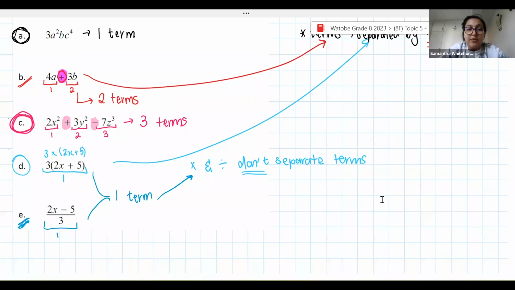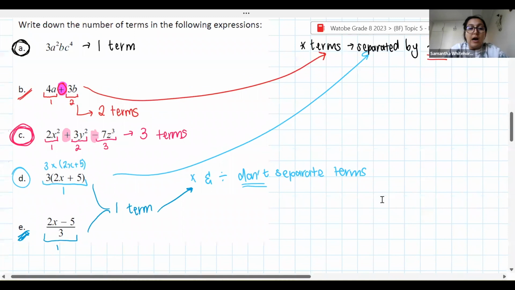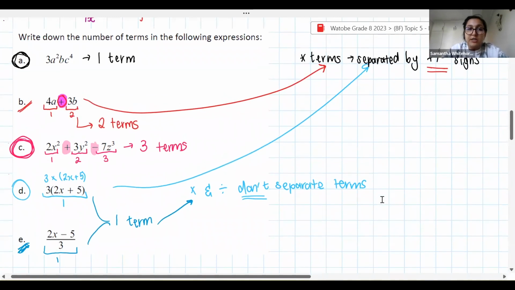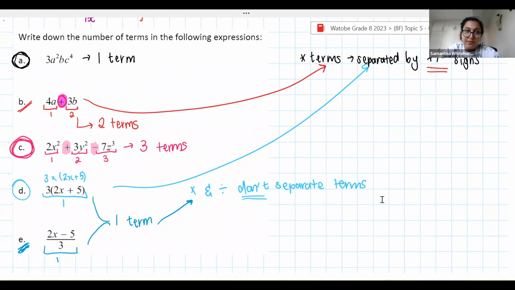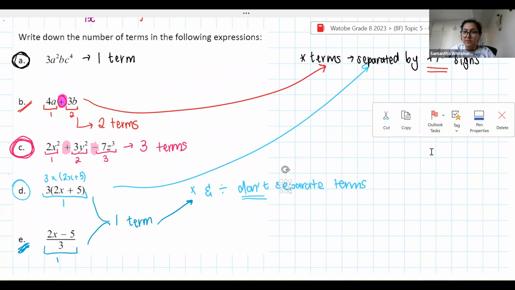So it's very important that we see our terms in our expressions before we start to just add and subtract like terms. I'm going to leave this here for a second so that you can screenshot, and then we're going to start to look at some examples using those two operations of multiplication and division.